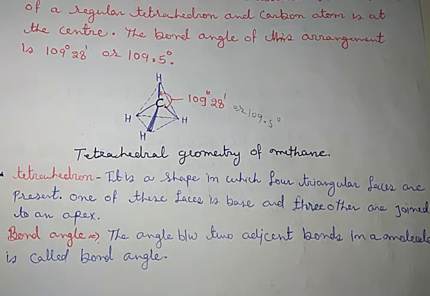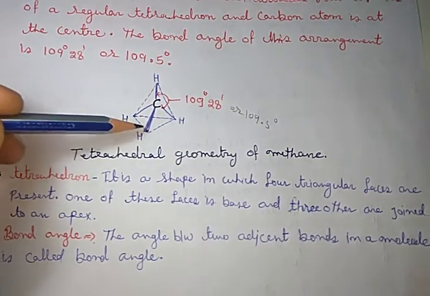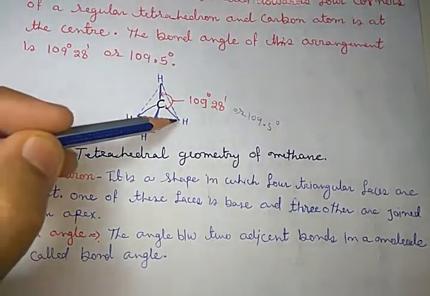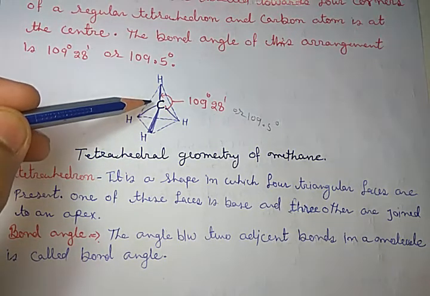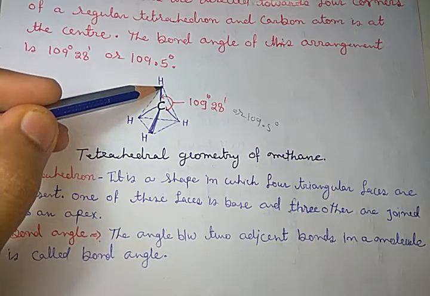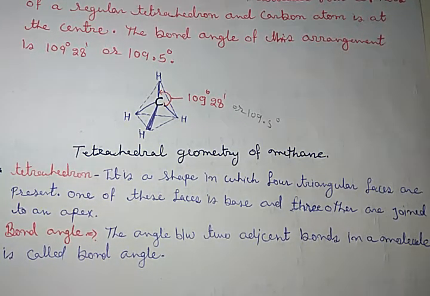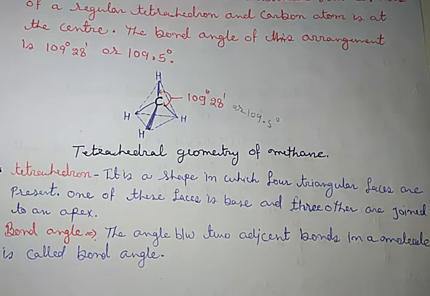out of which one is base, okay, and the remaining three join at an apex. This triangle is its base, and the remaining 1 2 3 combine at an apex. This structure is known as tetrahedral. It is called tetrahedral geometry.